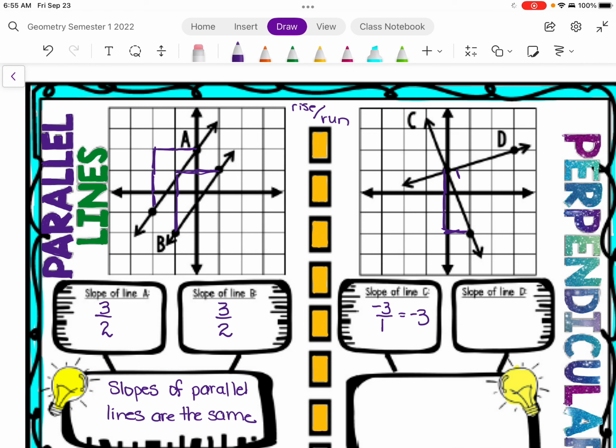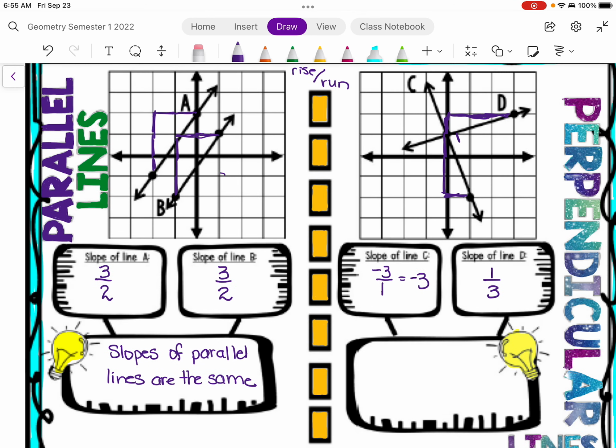All right, let's look at D. It goes up 1, over 1, 2, 3. Okay, so these slopes are opposite reciprocals, meaning one is negative, one is positive. Reciprocal meaning one is 3 over 1 and the other one being 1 over 3. So the fractions flip.